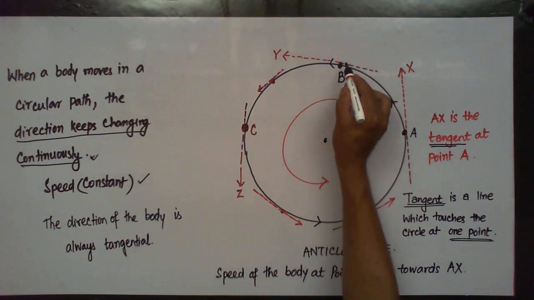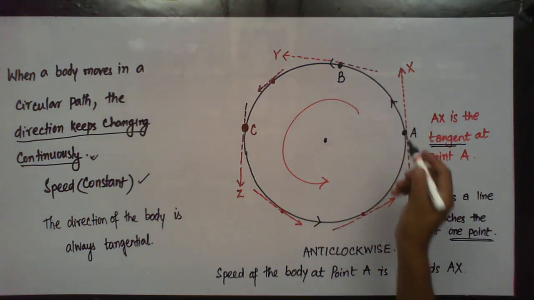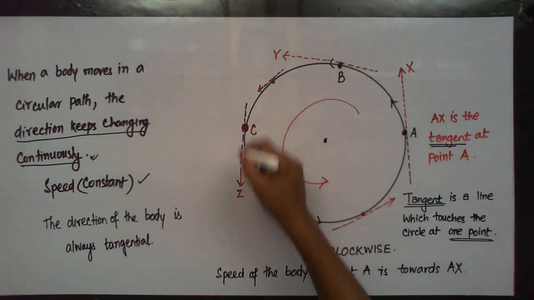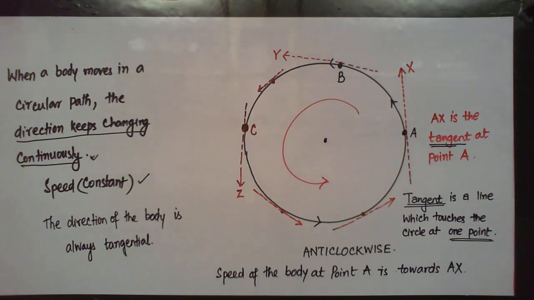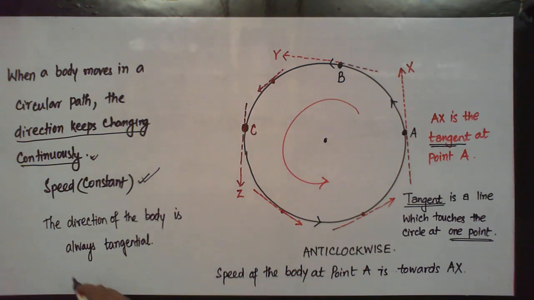Speed of body at point B is towards BY. So we can say that the velocity is changing because the direction of the body is changing. We can say speed remaining constant, velocity of the body changes.